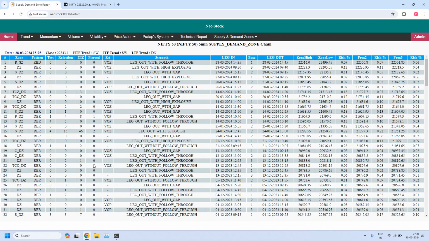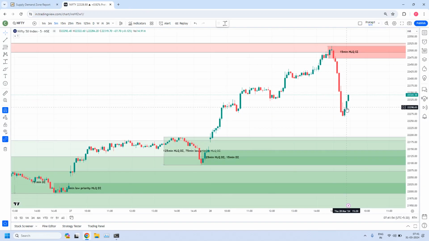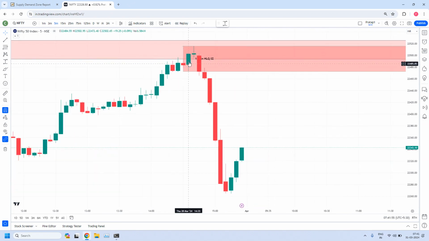Okay, chain is ready. So what is the immediately available demand zone? The second one. Below we have a high liquidity demand zone. And here we have a resistance supply zone, high priority supply zone, high liquidity. So 28.3, 14:35. This is the one.